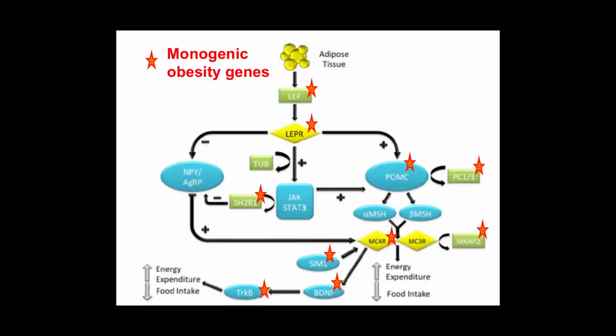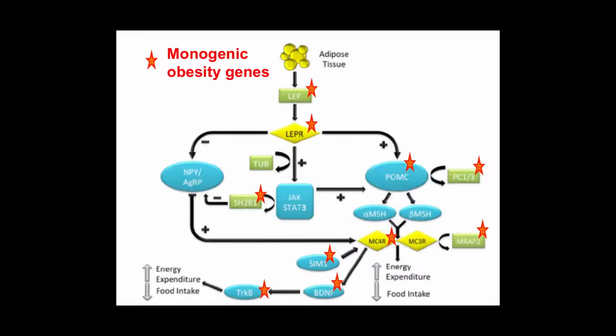So you have leptin, produced by the fat, the leptin receptor in the hypothalamus, the POMC gene in the hypothalamus, proconvertase 1 and 3, also named PCSK1. And you have the MC4 receptor, MRAP2, SIM1, BDNF, TRKB, and possibly SH2B1.